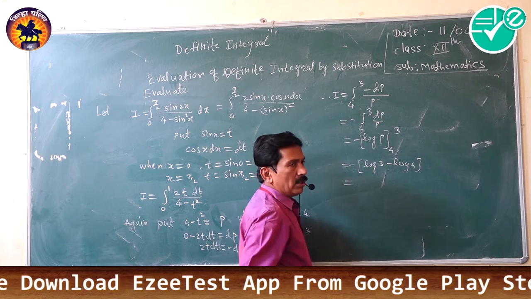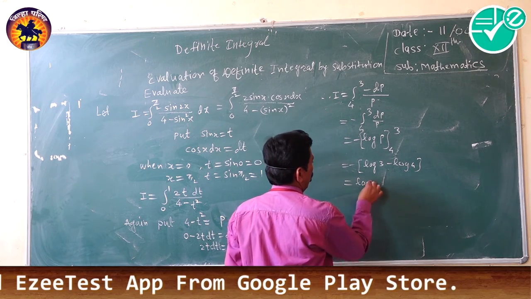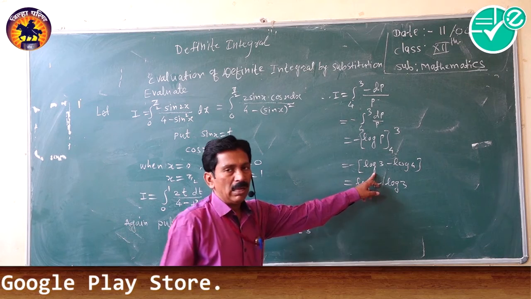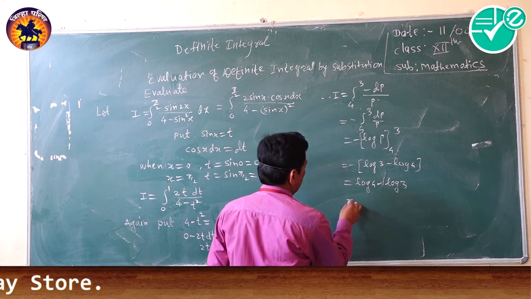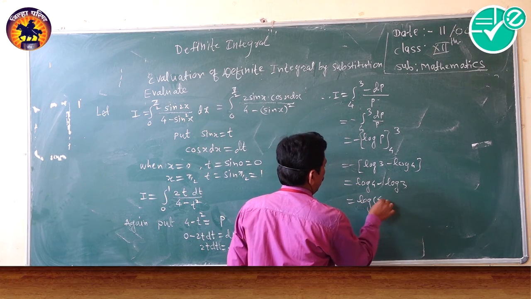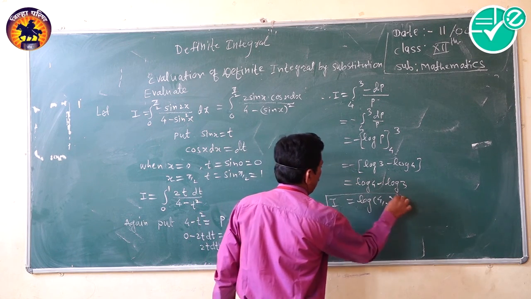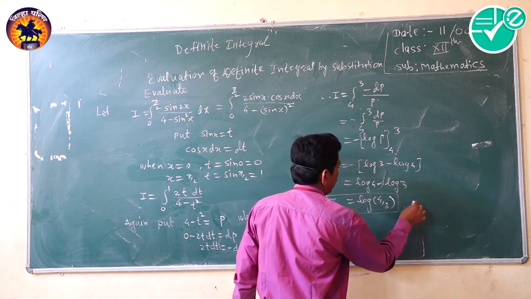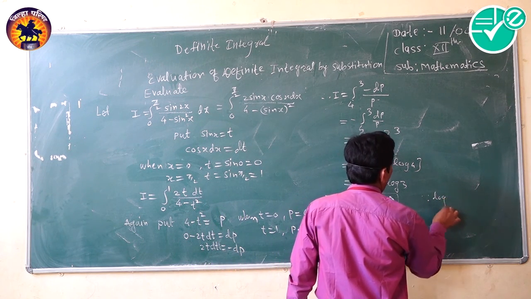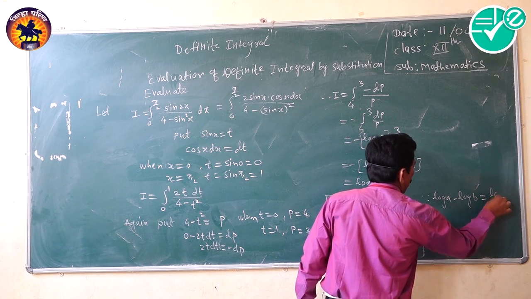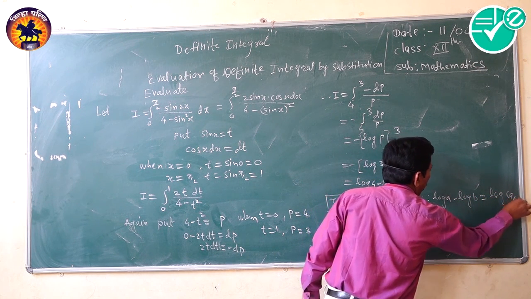This is nothing but log of 4 minus log of 3 by multiplying the minus. This is nothing but log of 4 by 3, and this is our final answer, since log a minus log b is equal to log of a by b.